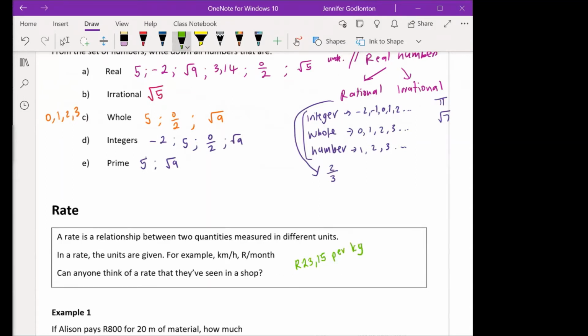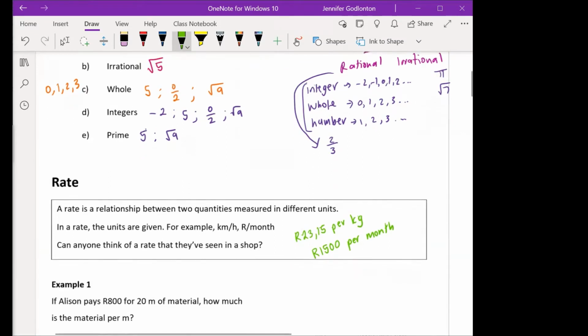That would be an example of a rate. If they said your rent in a month is 1,500 Rand per month, that would also be a rate. Both of those are rates. It's a unit per something, so when we're talking about rate, we mean something for just one unit.